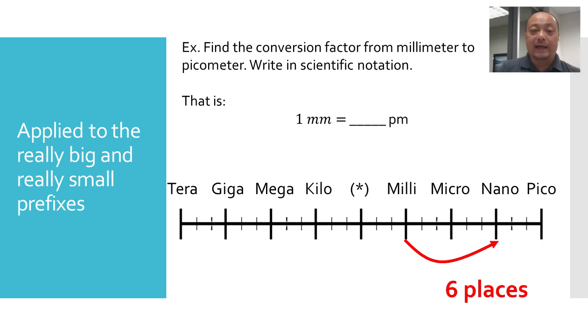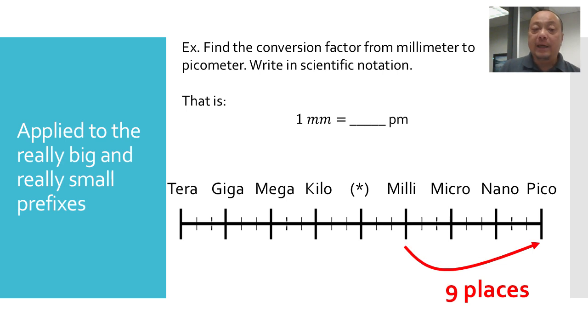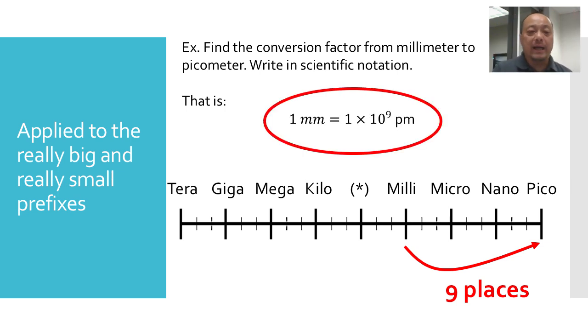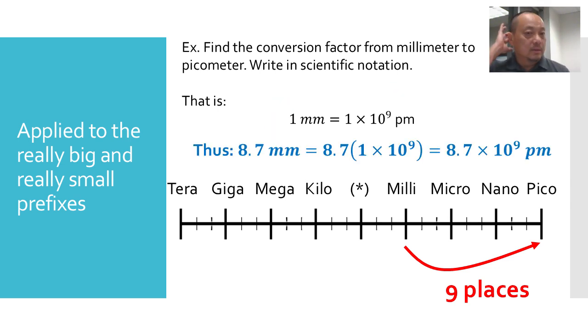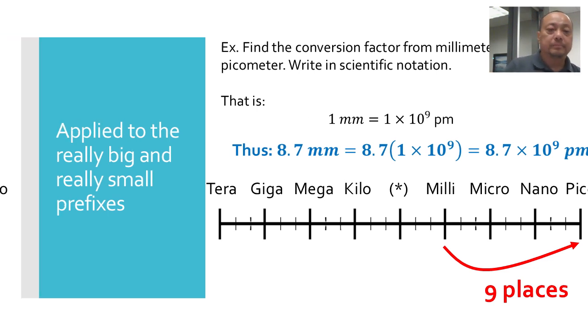From micro to nano, another 1,000, another 3 places, total of 6. From nano to pico, another 1,000, another 3, 6 plus 3, total 9. 9 places. Therefore, 1 mm equals 1 times 10 to the 9th pm. Something like 8.7 mm would equal 8.7 times 10 to the 9th pm.